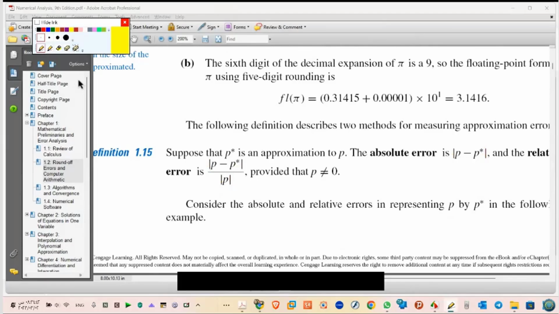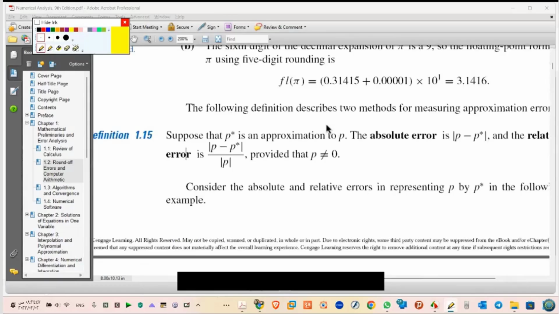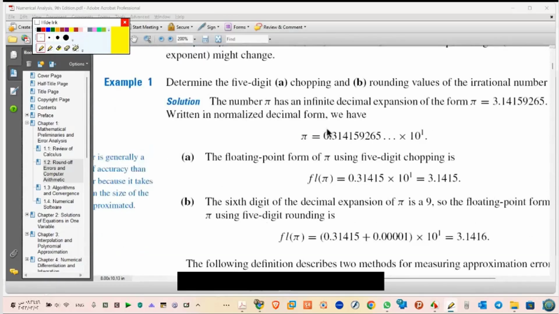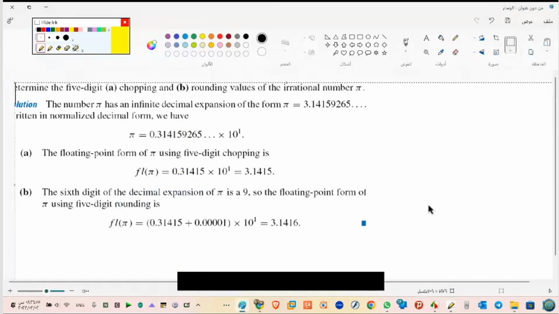Okay, how can we apply this to our example? I will take this answer here and return to our example. Now I will find the error.